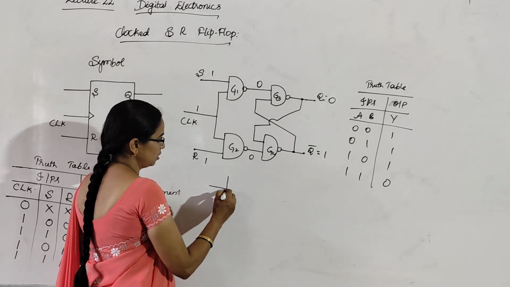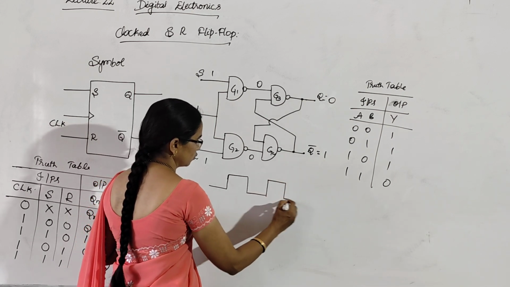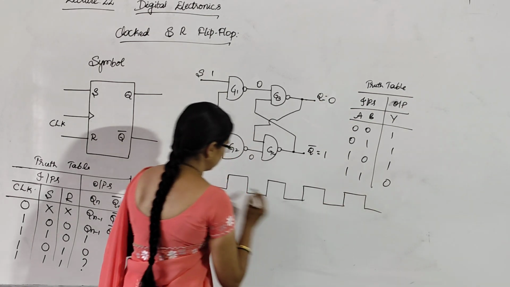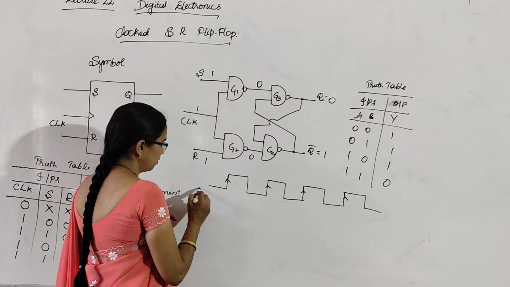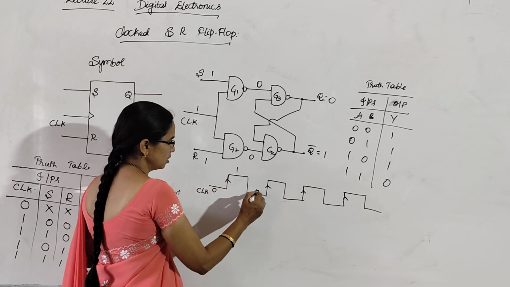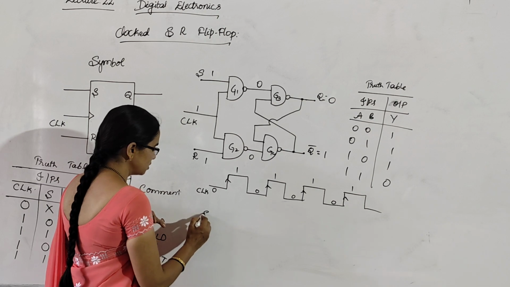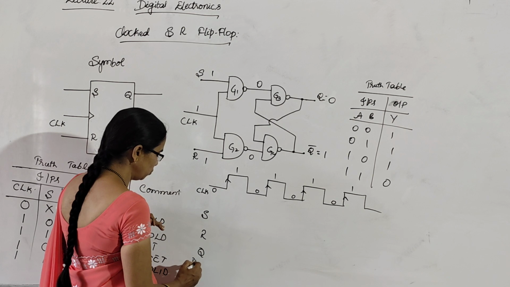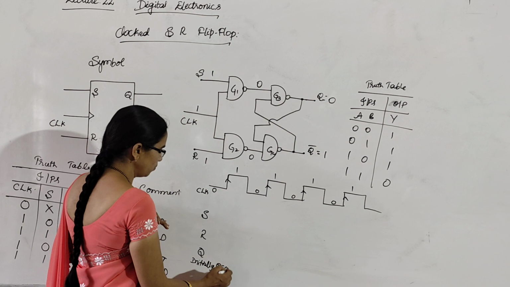It is the clock signal. Initially, the clock is at 0 and then 1, 0, 1, 0, 1, 0, 1, and then S, R and Q. Initially, I will take Q as 0.